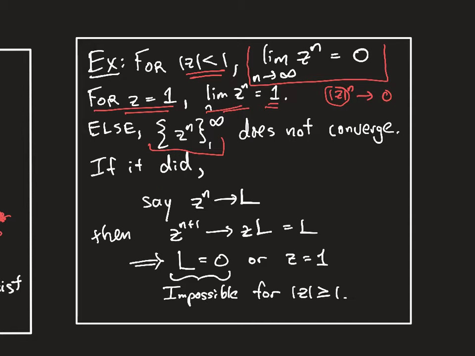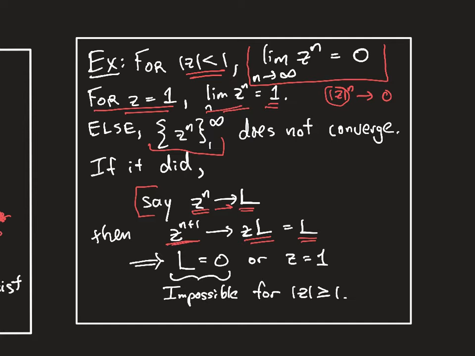So if it did converge, say the z^n's converge to some L, then shifting the sequence, z^(n+1) will still go to L. But you're multiplying the sequence by a constant z, and using the basic limit rules from before, a limit of a bunch of constants is just the constant, and so this would go to zL.